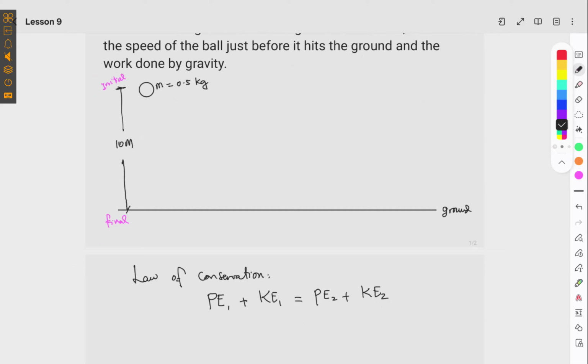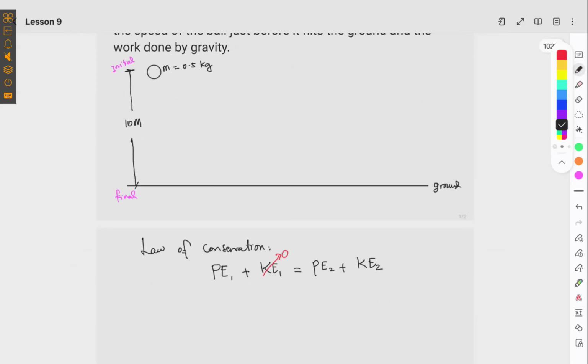The mass is not moving, so the initial kinetic energy is zero. But you do have the potential energy, which is the mass multiplied by gravity multiplied by the height. Now, equal to, now the potential energy at the final position.